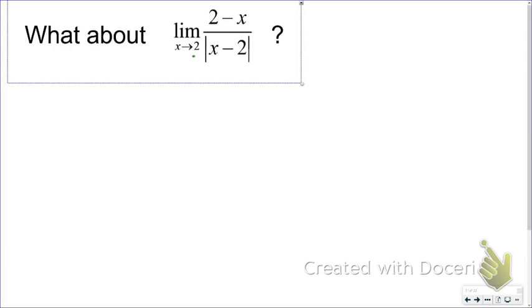If you see here, in the previous question, it was 2 from the right. So we already know that in the previous problem, the limit as x approaches 2 from the right was negative 1.